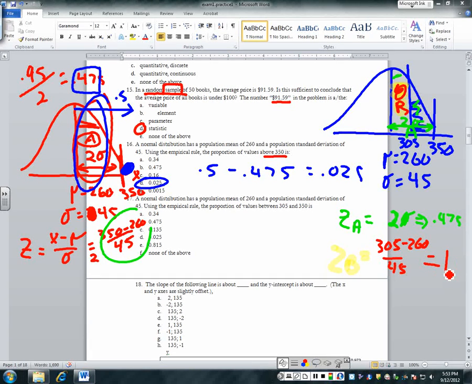And recalling that if you went plus or minus 1 standard deviation, you would have 68% of the data. But we're only going one direction, so that's 0.34. And so we'll take that 0.475 minus 0.34 and get 0.135. Good, I have that as a response on there.